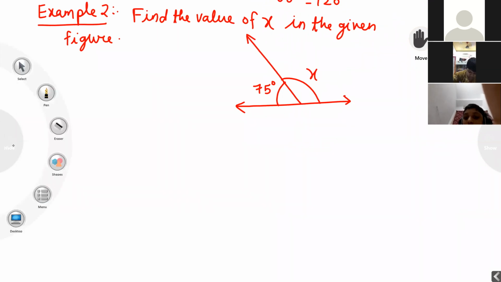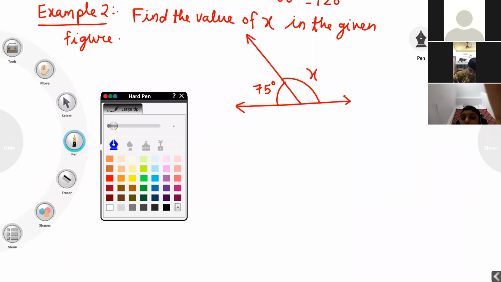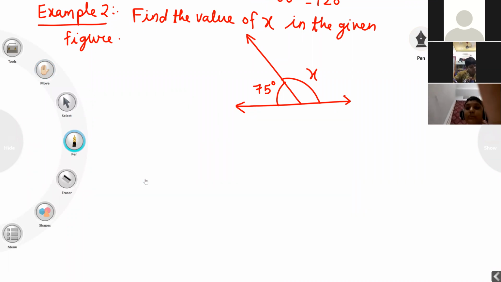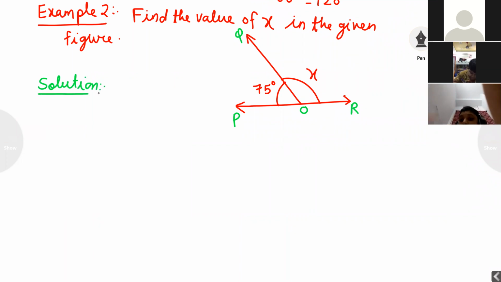Now in this figure you are observing, students, both x and 75 degrees are adjacent angles. How to solve?